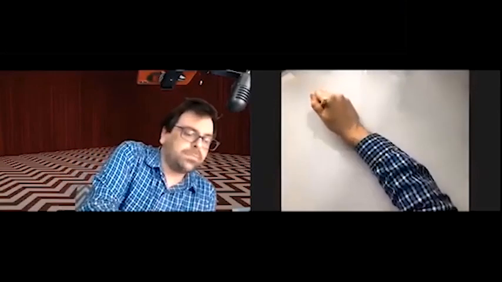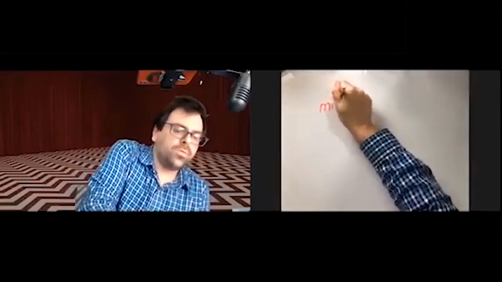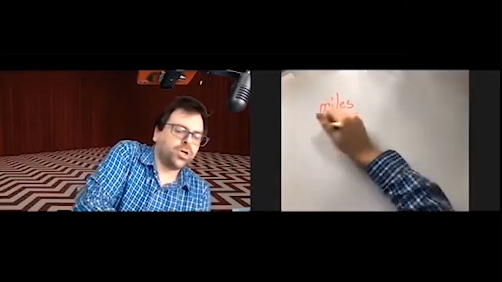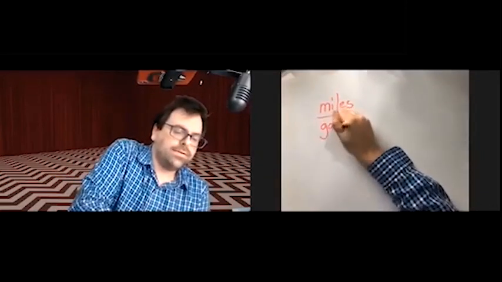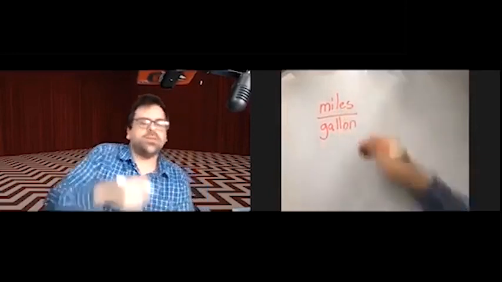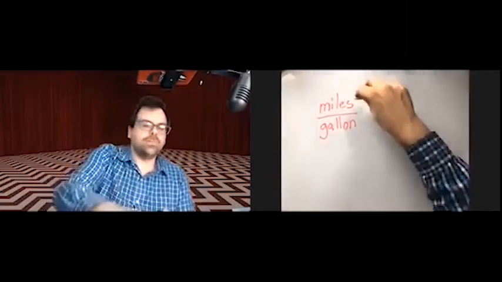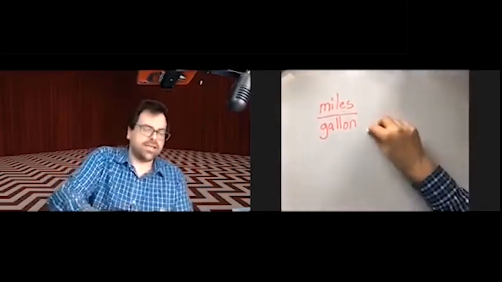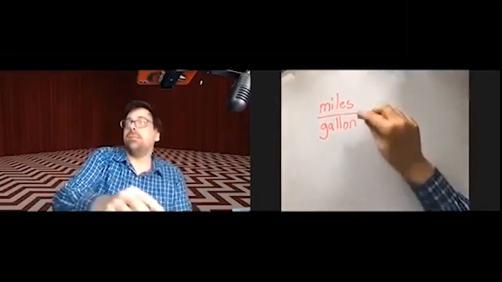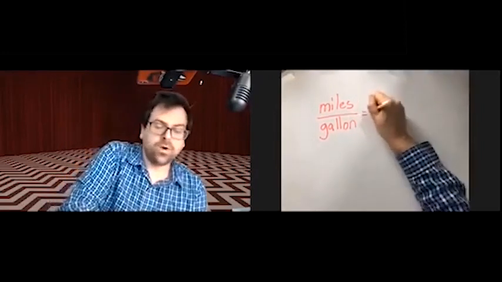So the key to the problem is that we know we're looking for miles per gallon. Miles per gallon literally tells us what to do. Miles divided by gallons. And what do we have?